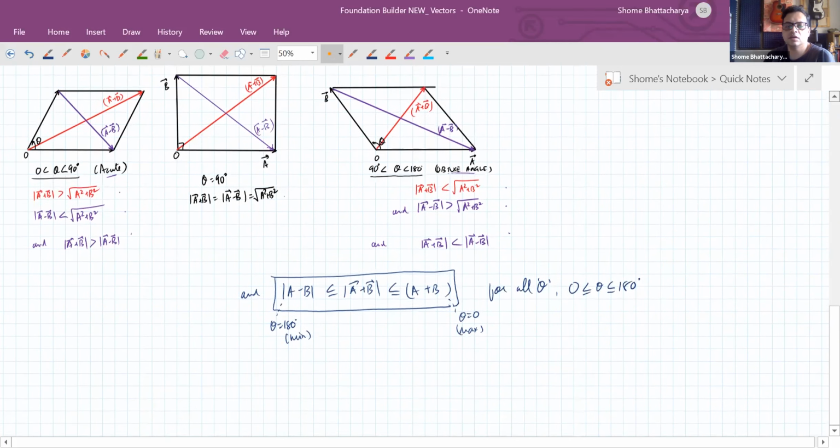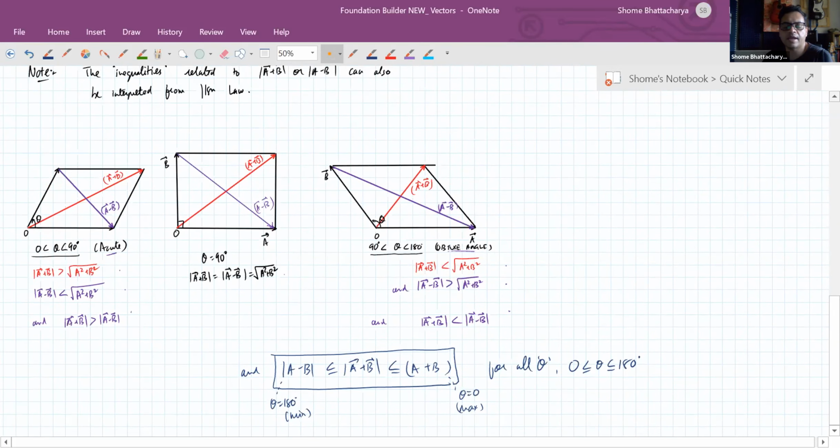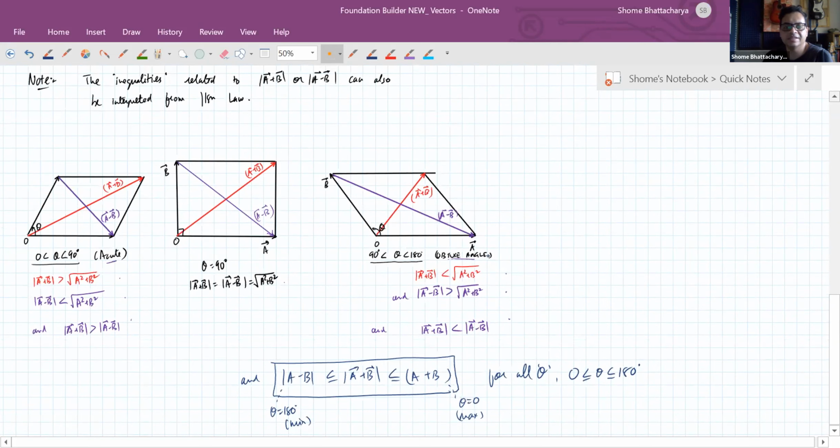But other than this general inequality, if we are to specifically apply the condition of acute angle or obtuse angle, then additionally these inequalities come into play. The three inequalities: the comparison of mod a plus b with root of a square plus b square, the comparison of mod a minus b with root of a square plus b square, and also the comparison between mod a plus b and mod a minus b. So the comparison also depends on whether the angle is 90 degrees, obtuse or acute.